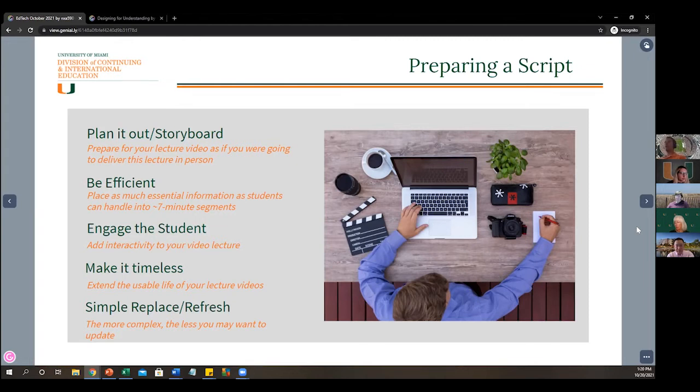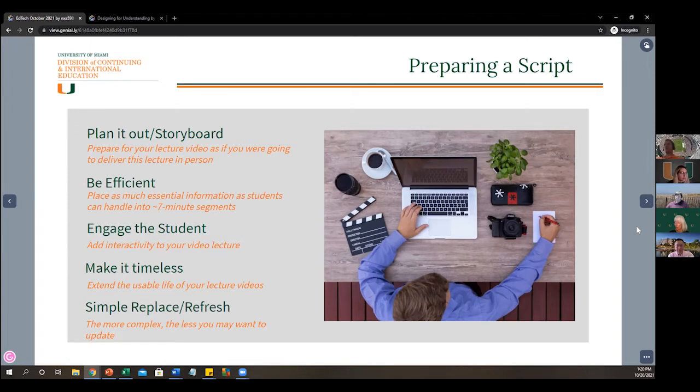So that's why I would definitely recommend storyboarding. Once you have it all written down, what your lecture would look like, that's when you can have a bird's eye view of it, so to say, and you can start to be efficient with it. As we were talking about with multimedia, efficiency is definitely a big word in multimedia content.